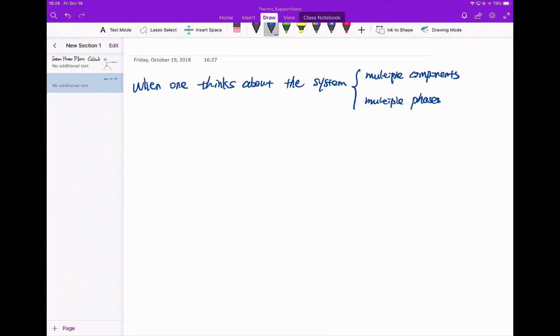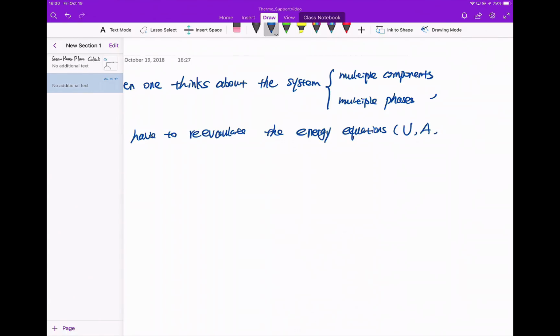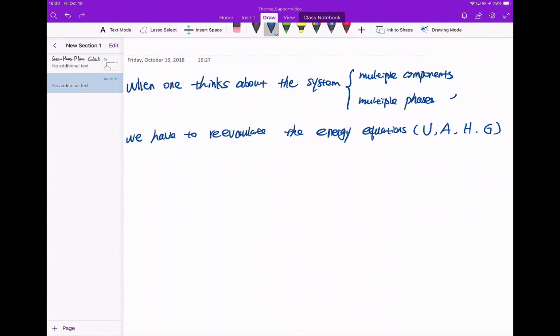then I hope you realize that we have to take a look at our previous energy equations. We have to re-evaluate the energy equations, which is internal energy, Helmholtz, H and G, right?